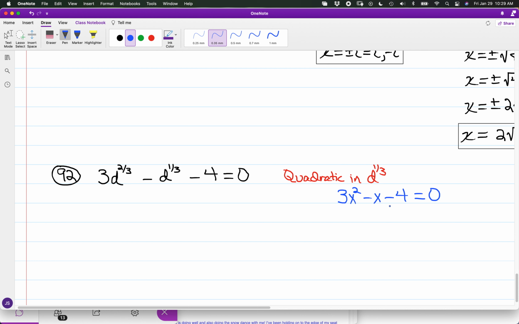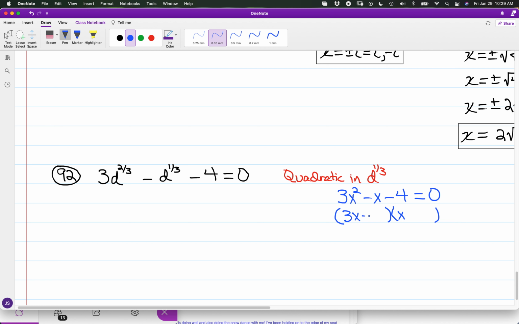So if I have 3x squared minus x minus 4 equal to 0, now if I look at factoring, 3 is a prime number, and if the expression is factorable with the leading term 3x squared, we're only going to have 3x and x. For the factors of negative 4, I need the right combination such that the outside and inside products, when you FOIL out, will come out to negative x.